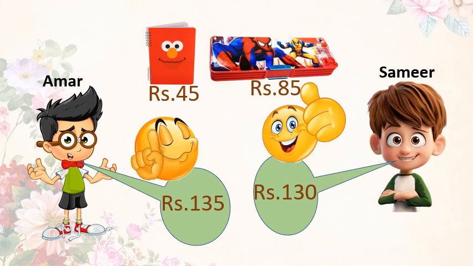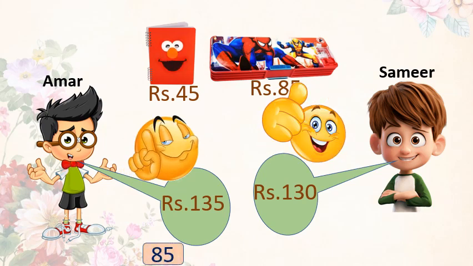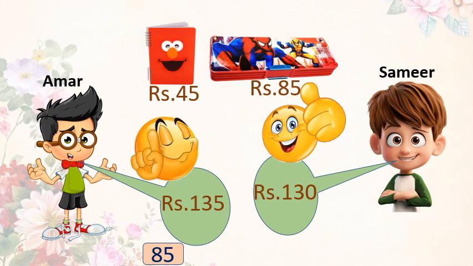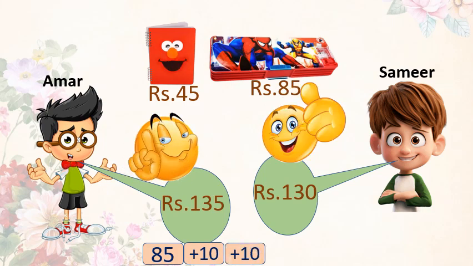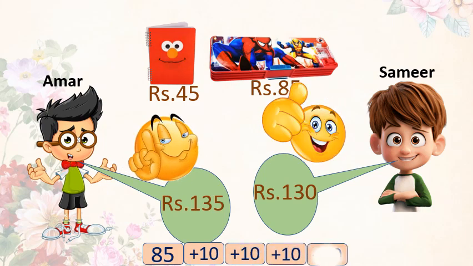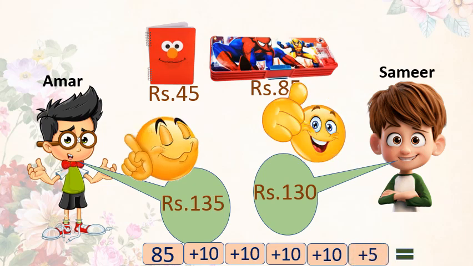Okay, we'll see how Samir did this calculation. Now, see, this is 85, a greater number he calculated. He remembered it in the mind first. Then 45, he split into 4 tens and 5, isn't it? So 85 plus 10, plus 10, plus 10 and plus 10 and plus 5, correct?